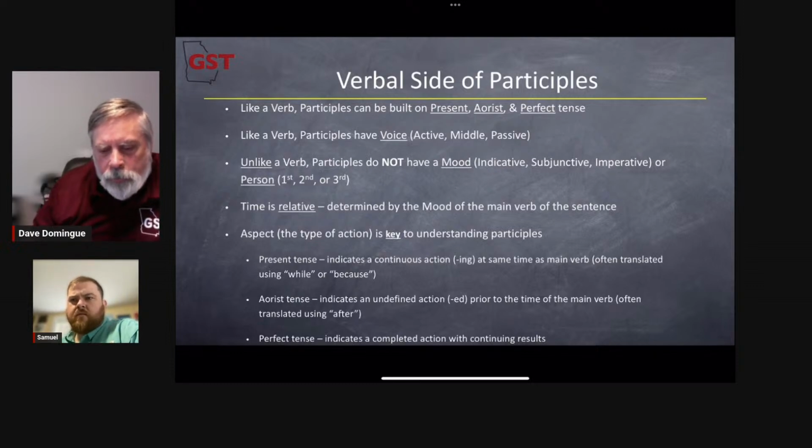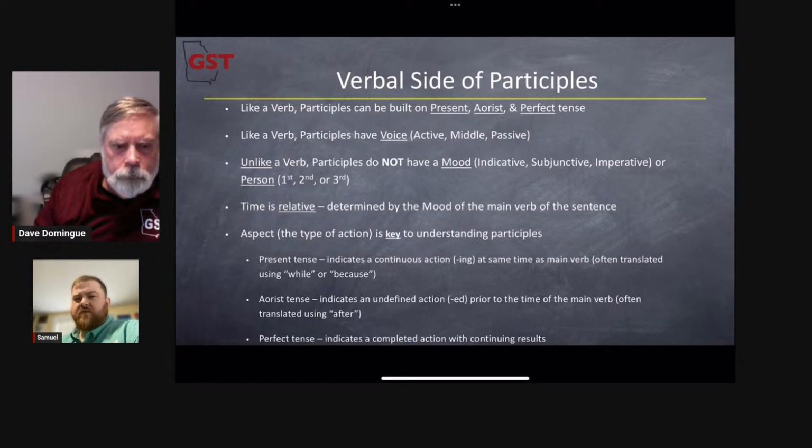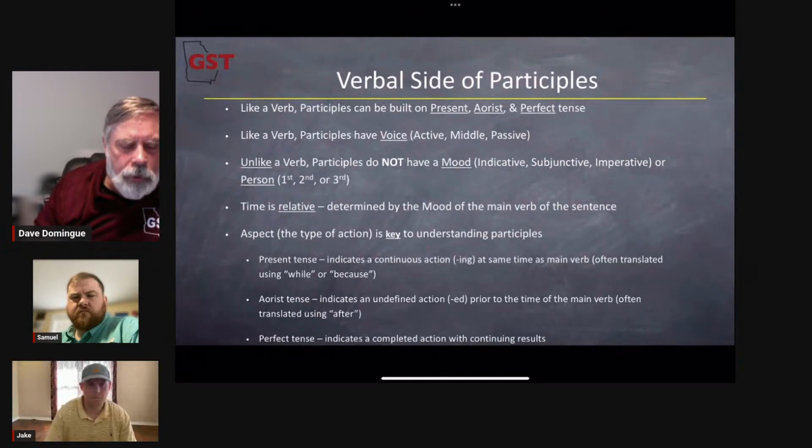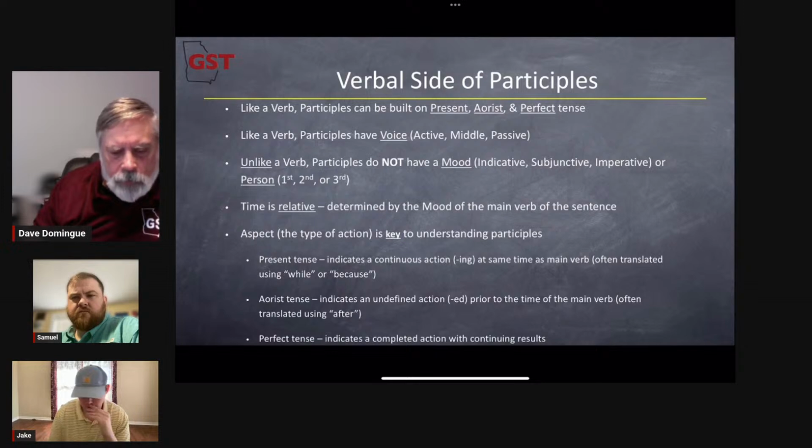Then in its relationship with the main verb, what time would the participle represent relative to the main verb? If it's present and it's ongoing? Well, present tense would be imperfective kind of action, which would be ongoing, and we normally use an ing ending for the participles, right? But relative to time, what would be the participle's time relative to the main verb?